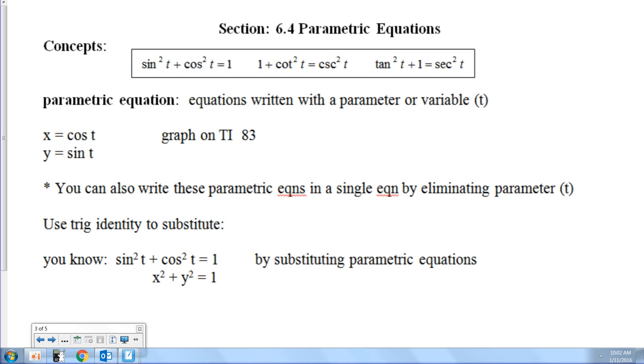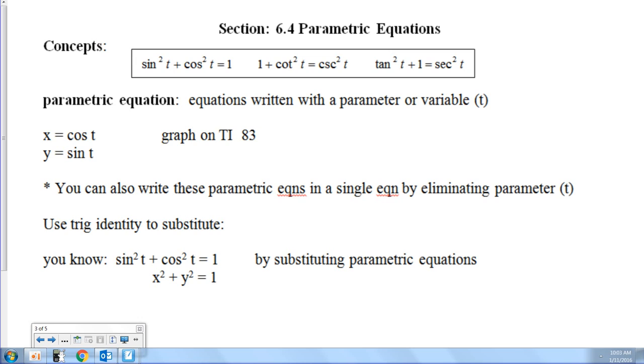For example, you could track the path of a ball because you could have the x-coordinate in terms of time, t, and the y-coordinate in terms of time, t. Whereas in a regular equation, you couldn't have that element t in two different parts of the equation.